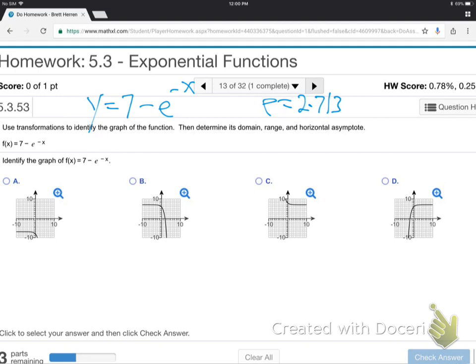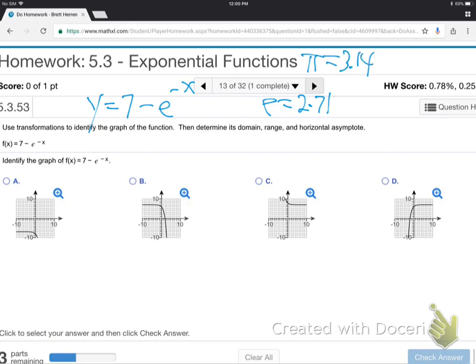I gotta watch my own YouTube before class. Anyway, it's 2.718, 2.7182818. Yes. So E is 2.7 something, just like pi is 3.14 and so on. They're both numbers.